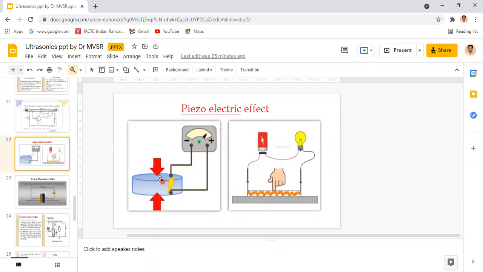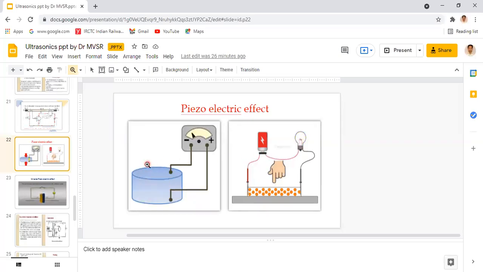Say this crystal is connected to a potentiometer. It shows some deflections. That means because of the pressure applied on this crystal, an alternating potential difference will be produced. That point will be observed in these two pictures. This is an animation picture. Whenever pressure is applied, the bulb glows.